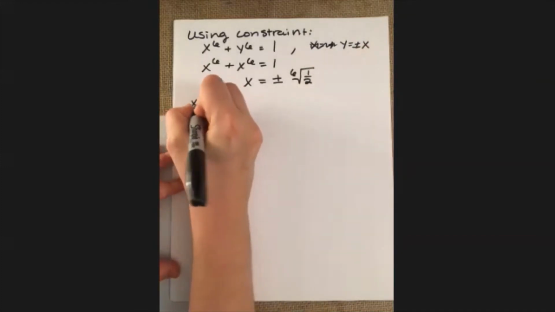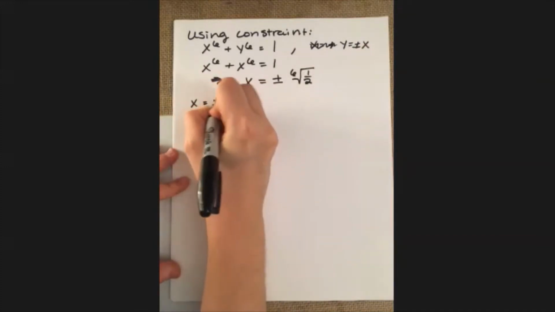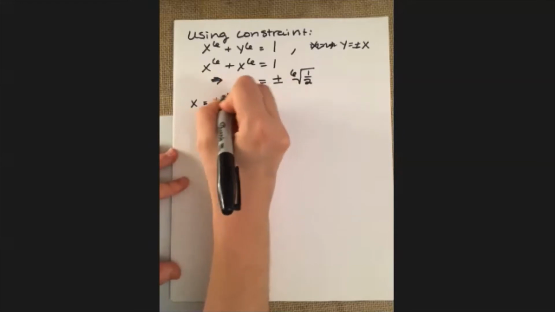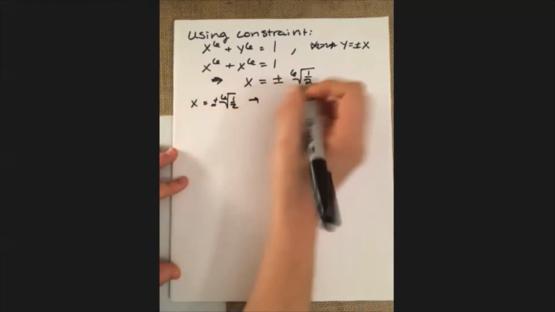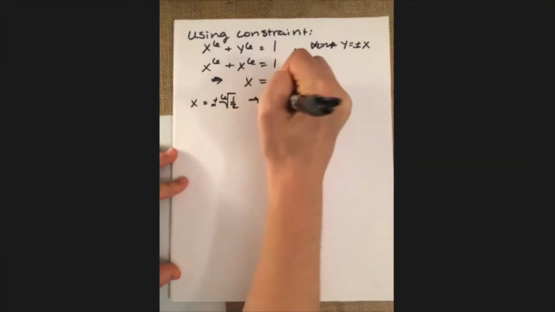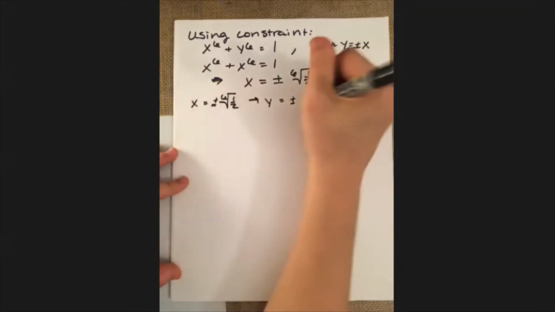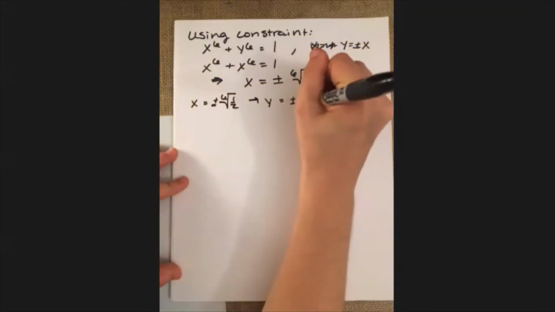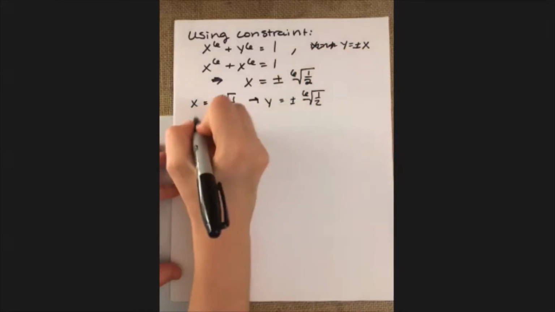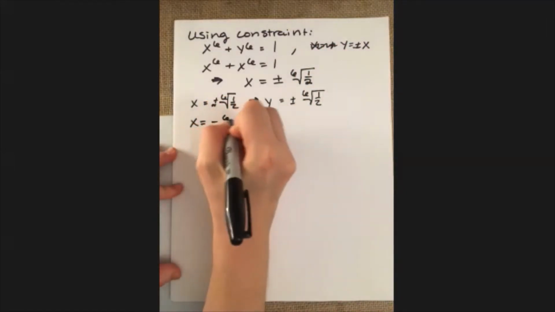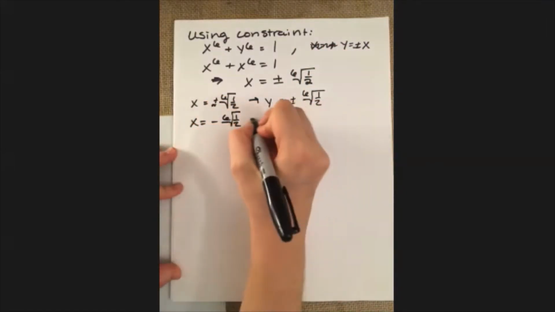And here's why. If we have x equal to the positive, not plus or minus, positive 6th root of 1/2, well, we still have that y is equal to plus or minus x. So y is equal to plus or minus the 6th root of 1/2. And we have a similar case with x equal to the negative 6th root of 1/2.